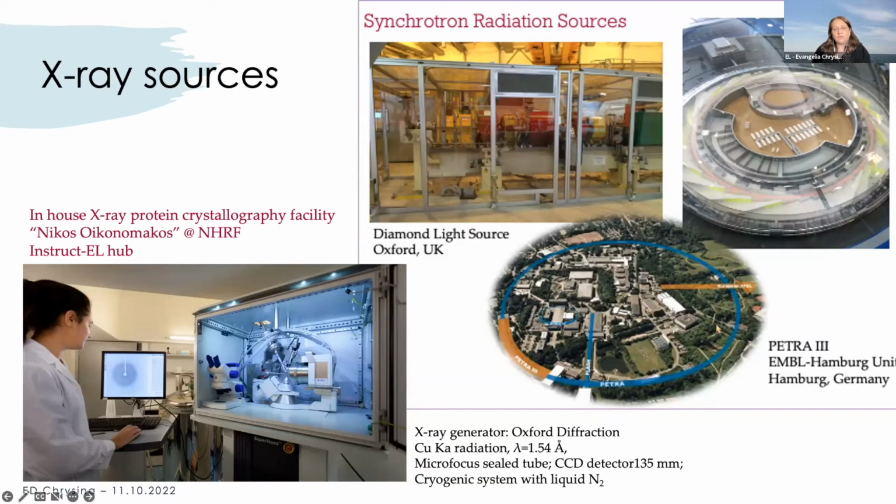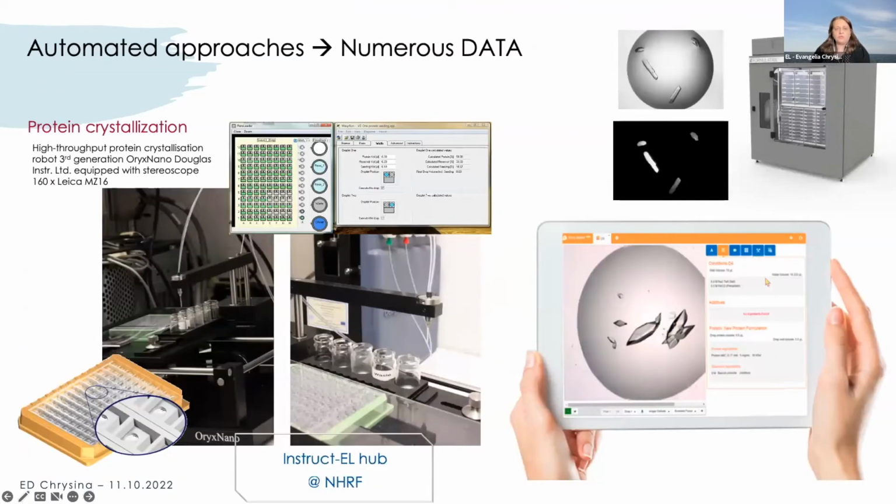So we do face challenges also at a national level or as a research organization in how we're going to handle this data. And of course, these challenges are scaled up if it is to go to large scale facilities. And you can imagine the amount of data that is produced through these facilities when users access.